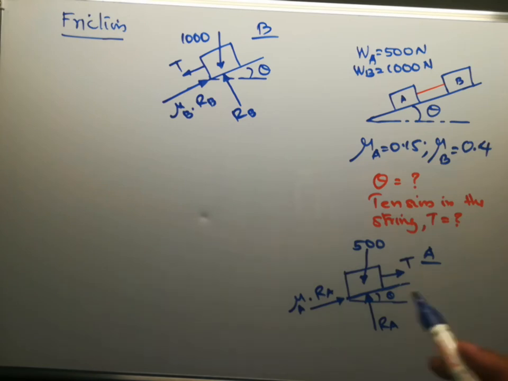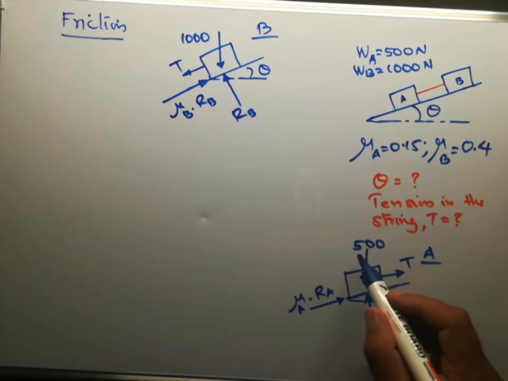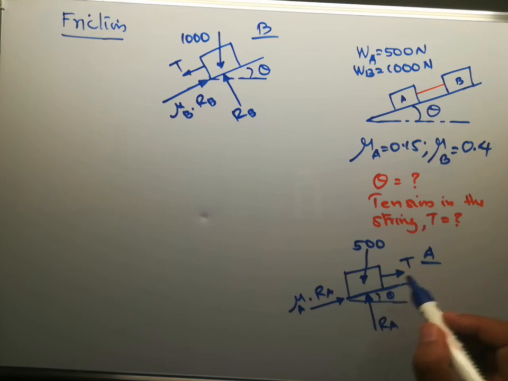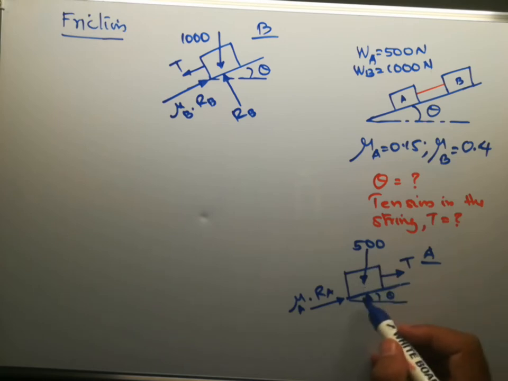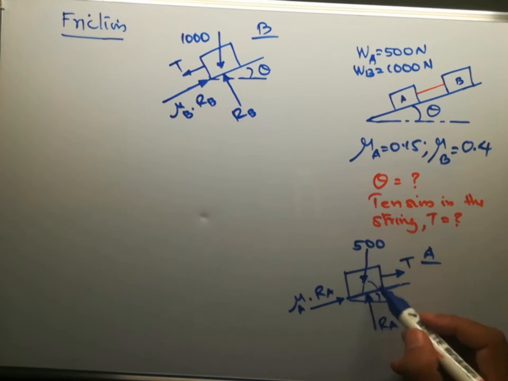Now I have already told that we will consider the forces parallel to the plane and perpendicular to the plane. Now parallel to the plane, the forces are mu A into RA and T. There is one more force, which is the component of the weight of the block along the plane, because the weight of the block is acting at an angle with the plane.